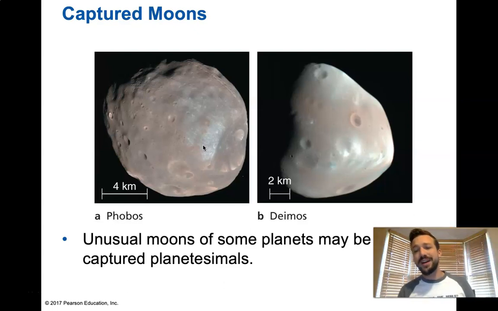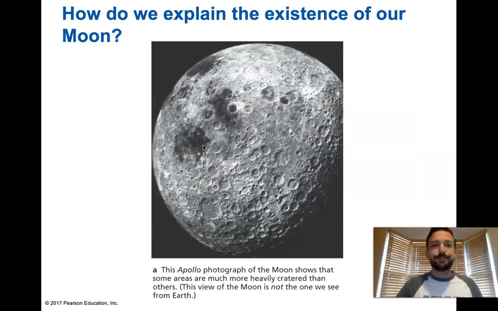So they go clockwise. And the reason why is because they were captured. They were just floating by, and Mars's gravity grabbed them and they started rotating in whatever direction they were captured in. So it wouldn't have had anything to do with being created during the beginning of the planetesimal era.